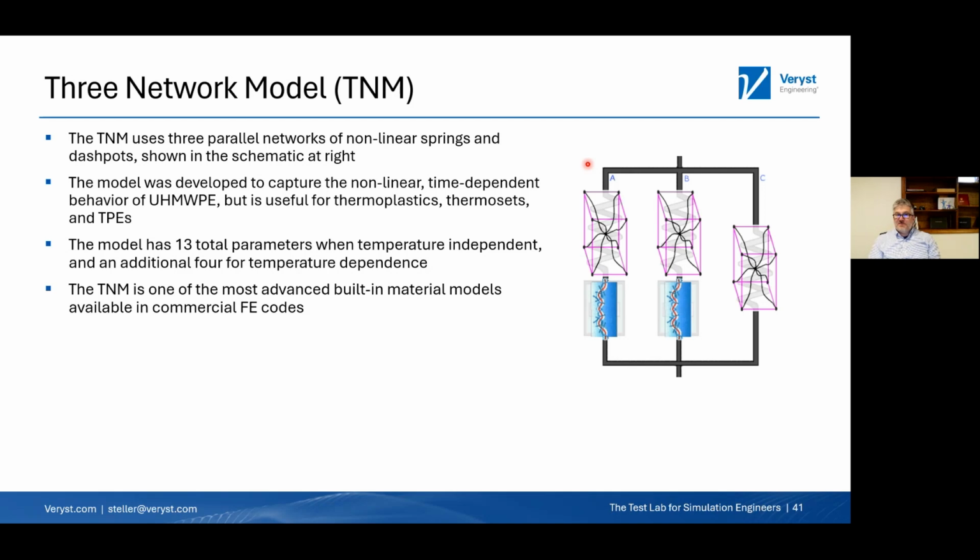The model has 13 parameters when you're temperature independent, and 4 more when it uses some built-in temperature dependence. And in my opinion, it's one of, if not the most advanced built-in material model available in commercial finite element codes.